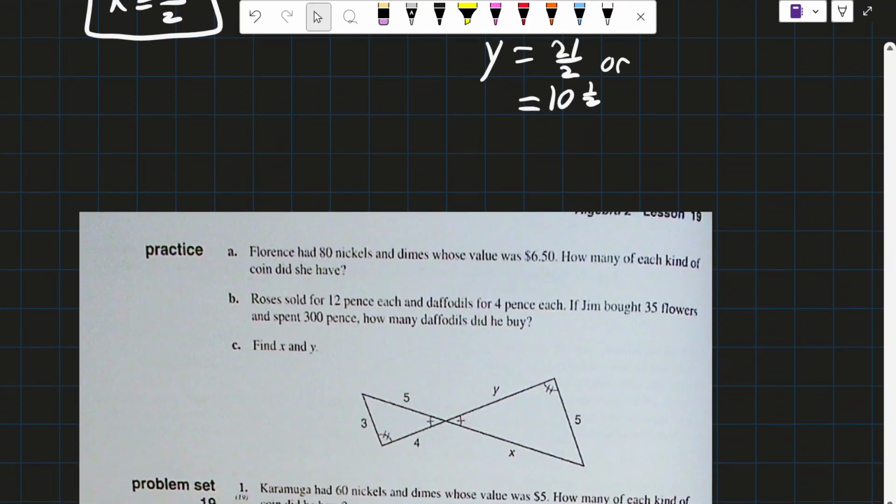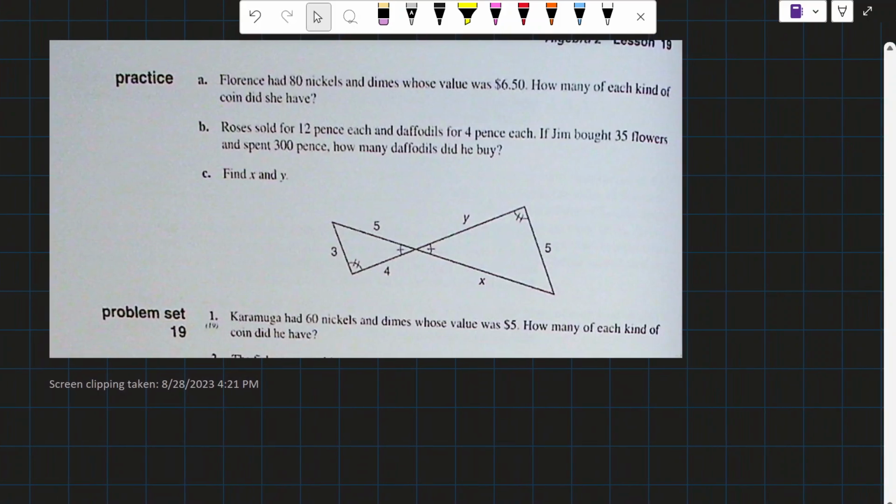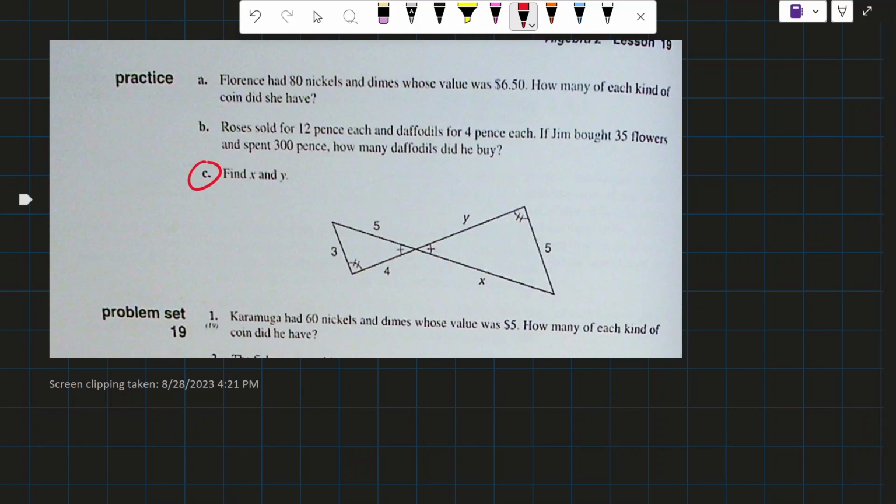And let's see what's over here. We can set up practice C, so we can get one more practice on this one. Find x and y. Okay, so let's see if we can identify x's partner on the other side. x is in between the single hash mark and the 3 hash marks, because angle-angle really means that all 3 angles are the same, right?